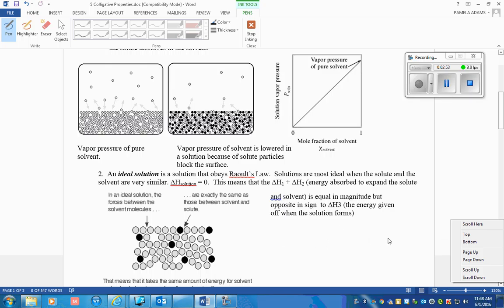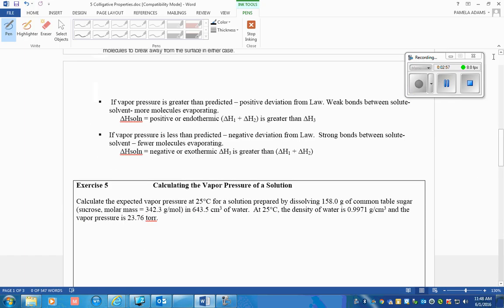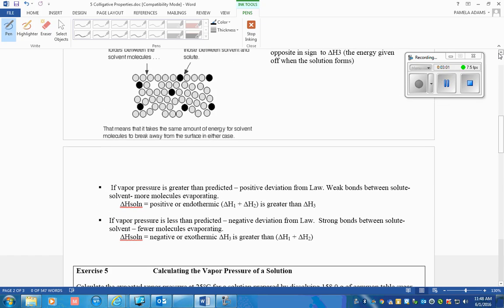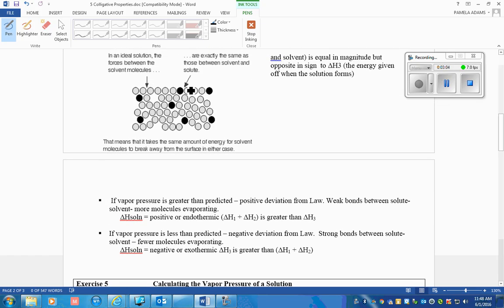So if you have a solution where the particles of solute are attracted to the particles of solvent, the solvent won't be able to leave the solution into the gas phase because of the strong attractive forces holding it together. That would be a negative deviation from Raoult's law.